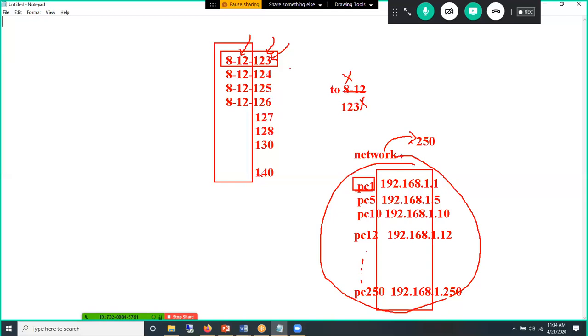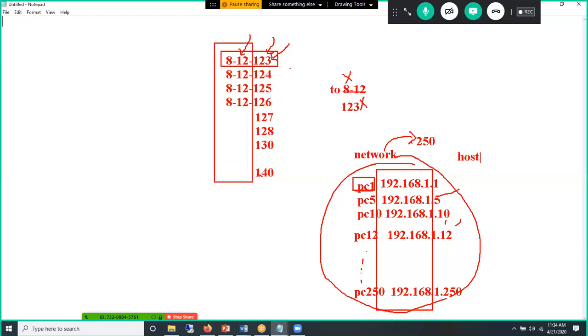And in that 250, what is the IP of the router? The router IP may be 10. What is the IP of the printer? The printer IP is 12. What is the IP of the server? The IP of the server is 5. Like this, every device you connect on a network also has a unique number. That unique number of a device, we represent as the host.